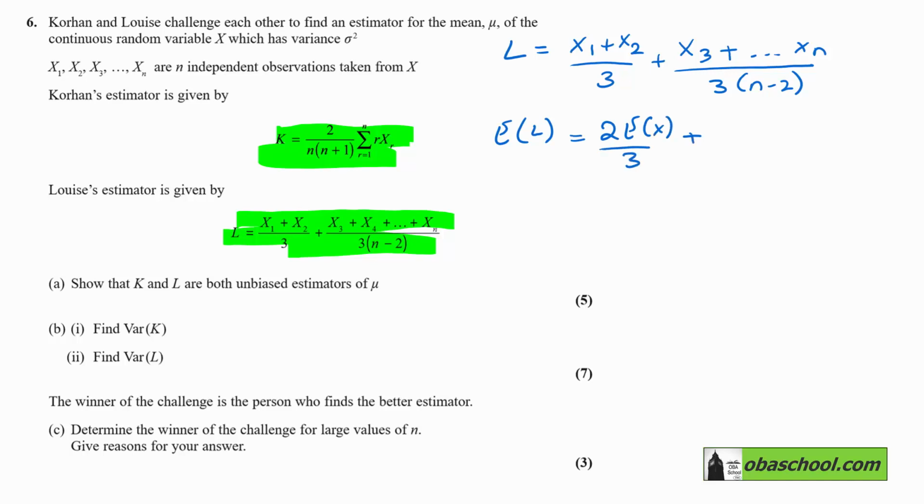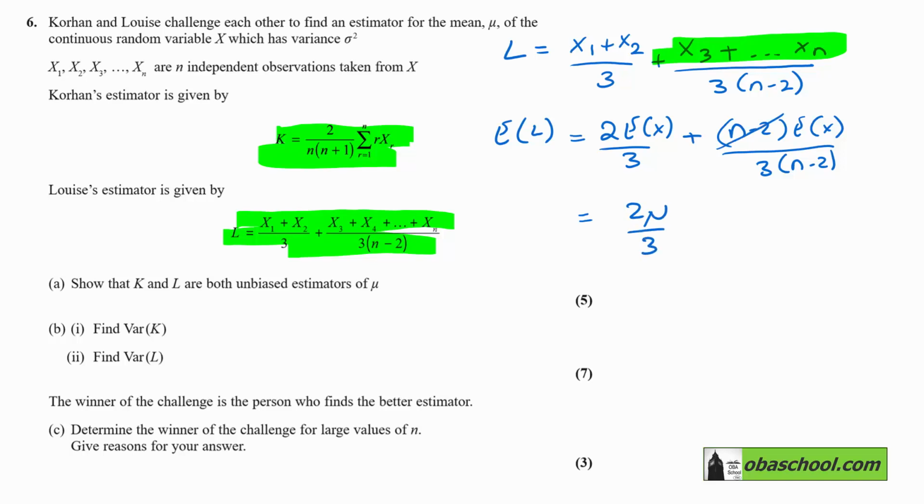And then if we look at this lot, there are n minus 2 x's up there. So that's going to be n minus 2 E of x over 3n minus 2. And E of x is mu, so we have 2 mu over 3. The n minus 2's cancel here, so we have plus mu over 3, and that is 3 mu over 3, or just mu. So they are both unbiased estimators.